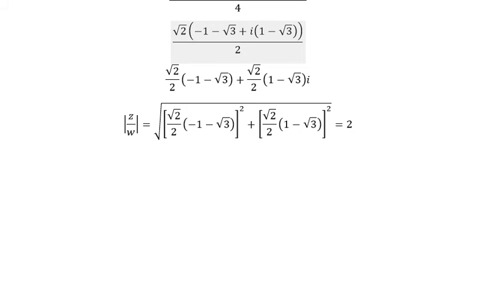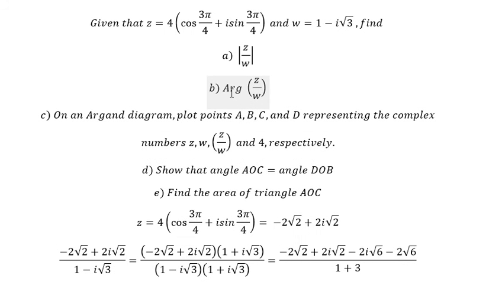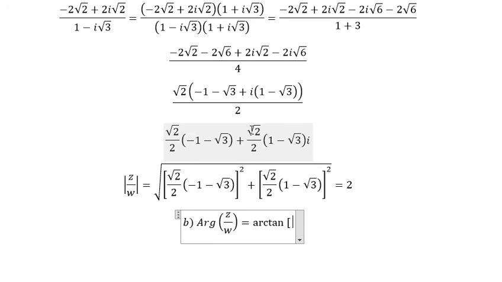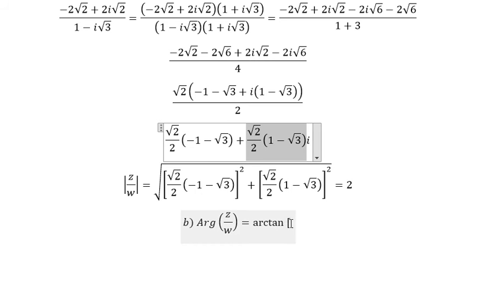Now we go to question B. Question B asks about the argument of z over w. So in this situation, you will go with r times, and we use this number in here.